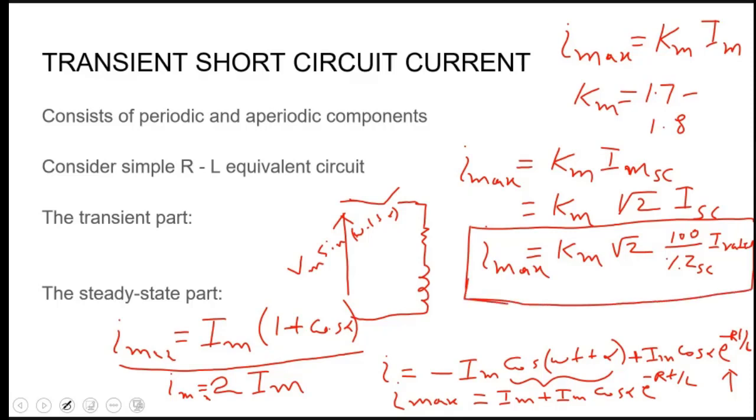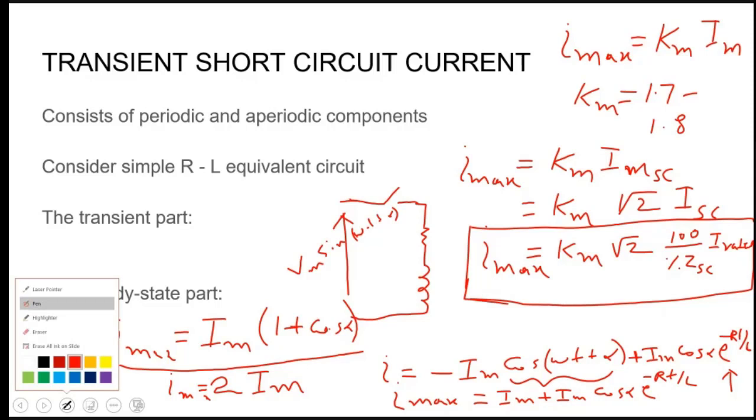And if you see the exact waveform, it will look like this.